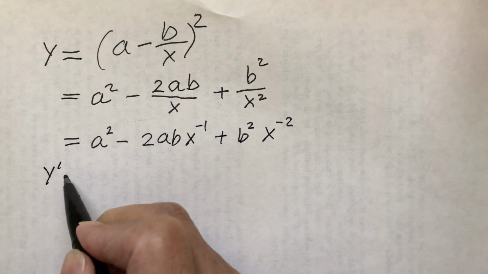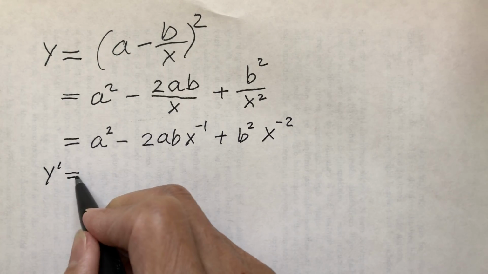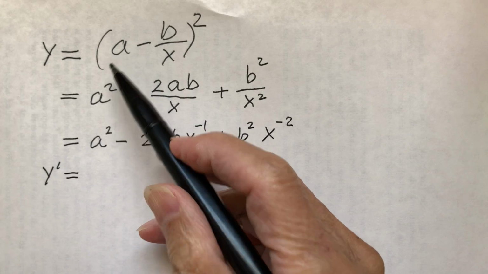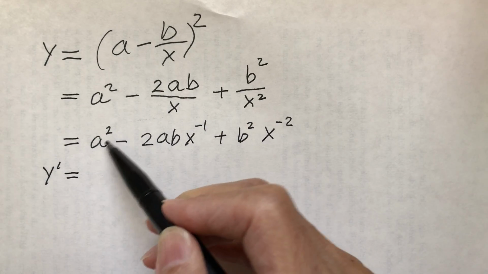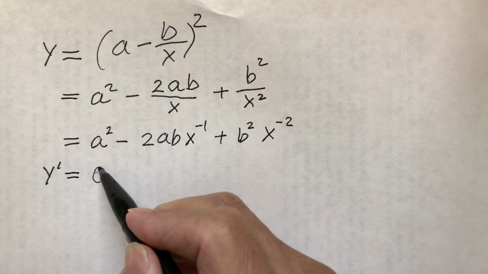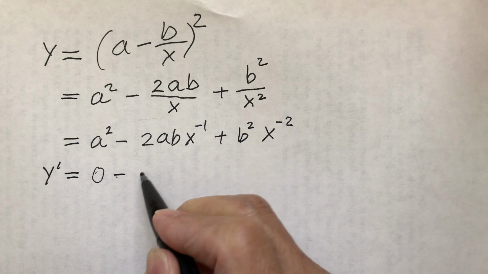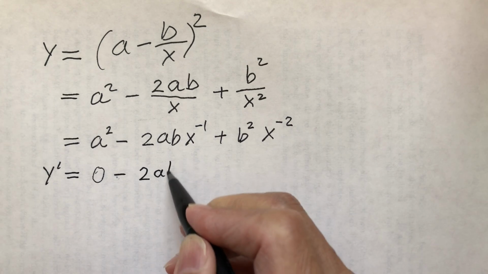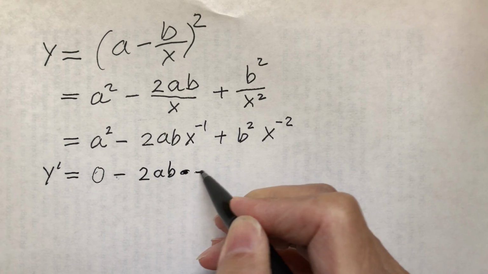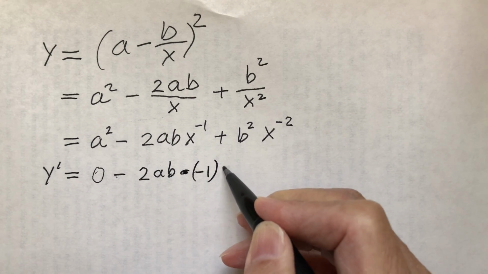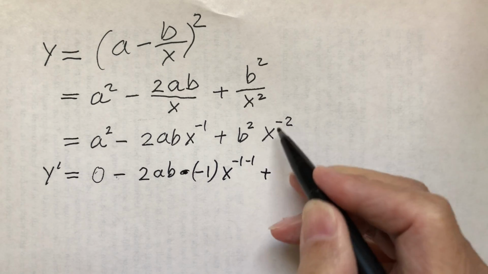y prime, the derivative is, look, a is a constant, so the constant squared is a constant. So the derivative of a constant is 0. This constant multiple rule, 2ab times the negative 1 goes to the front, x to the power negative 1 minus 1. Constant multiple rule.